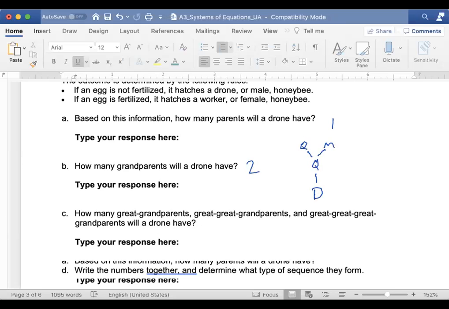And then how many great-grandparents, great-great-grandparents, and great-great-great-grandparents will a drone have? So if I were to continue my family tree line, let me erase this one right here for the drone.